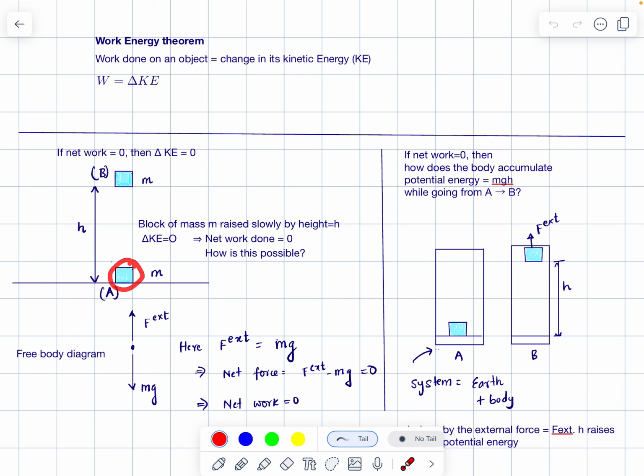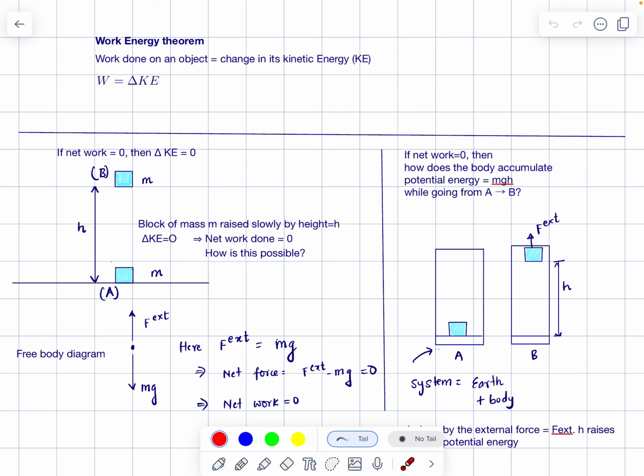So it raises this block from here to there. And this block of mass m is raised very, very slowly, by a height equal to h.